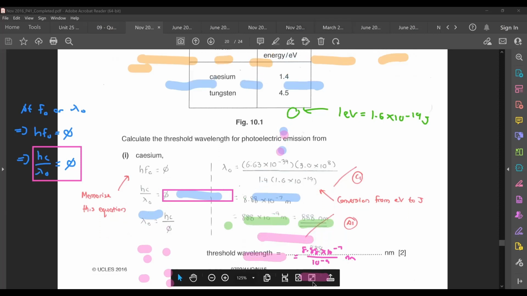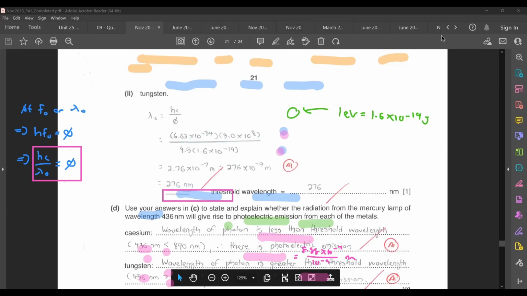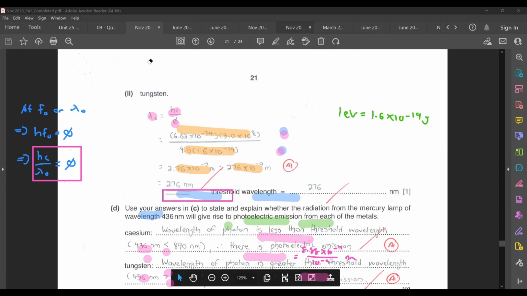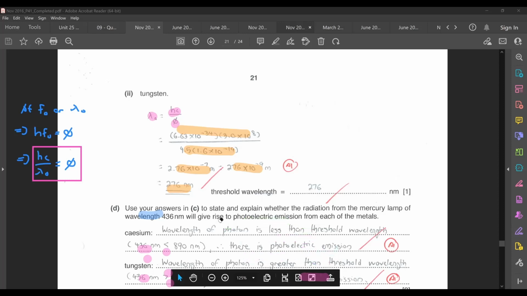If you repeat your calculation for tungsten, lambda naught is hc over the work function. Again, sub in your relevant values. Eventually, you will get your threshold wavelength as 276 nanometer. So these are the respective wavelengths for photoelectric emission.